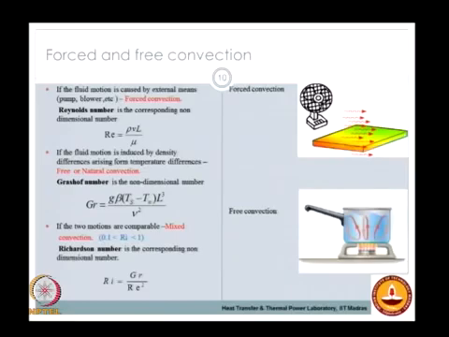Essentially, if you have a stationary medium and a temperature difference, this will cause the fluid near the higher temperature surface to become lighter and rise up, and the fluid near the cold surface to become heavier relative to the hot fluid and move down. Therefore a convection current is set up, and in this process you have a bulk motion of the fluid arising out of the temperature differences.